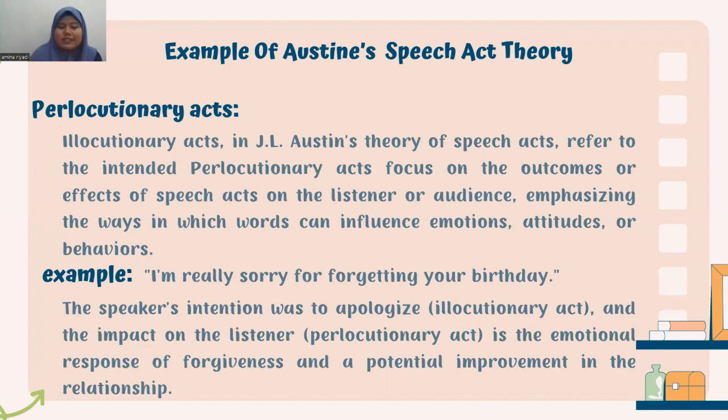Now, the example of the sentence is, I'm really sorry for forgetting your birthday. The speaker's intention was to apologize, which is illocutionary act, and the impact on the listener is perlocutionary act, the emotional response of forgiveness and a potential improvement in a relationship.